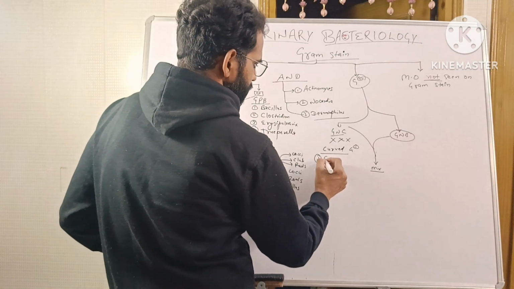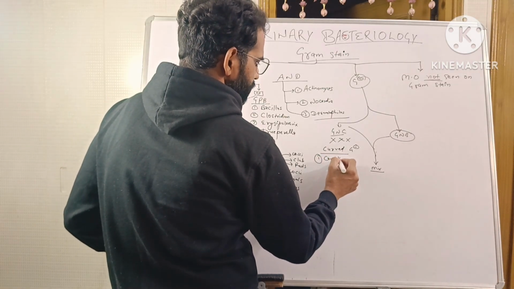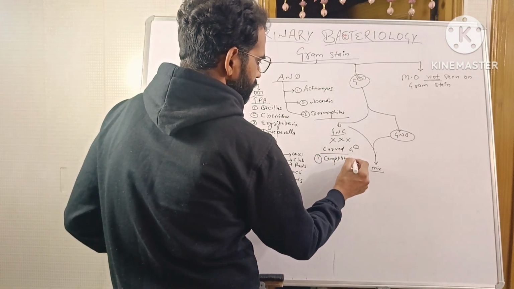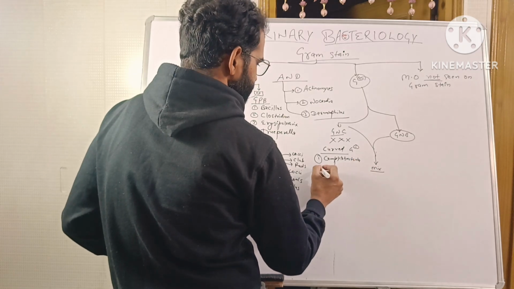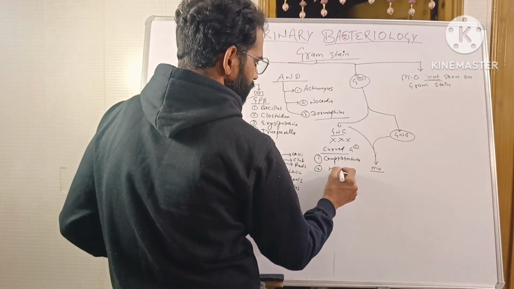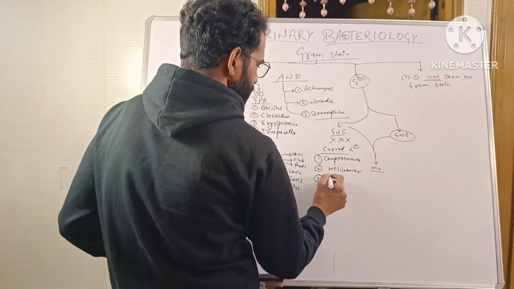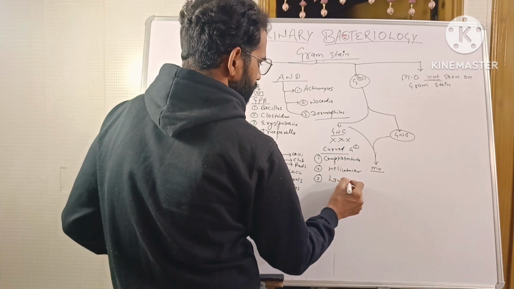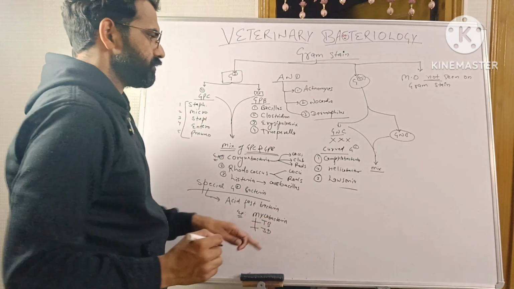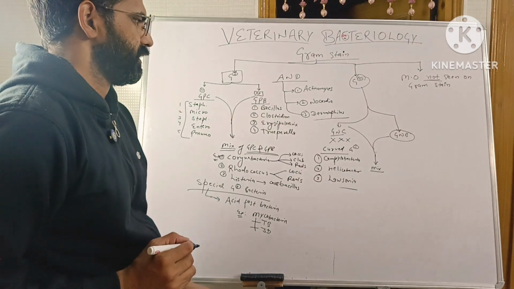Number one, Campylobacter, number two, Helicobacter, and number three is the third curved genus. So these are the curved gram negative bacteria.